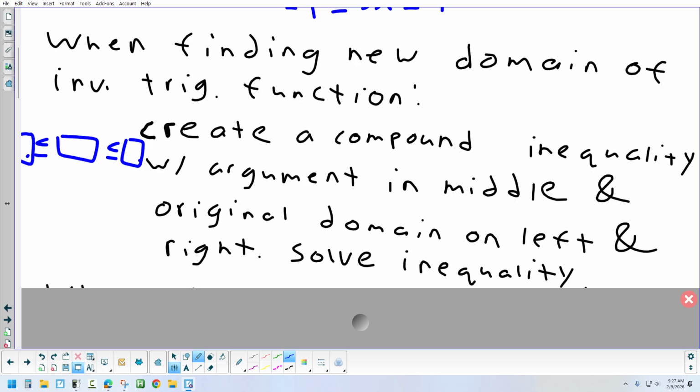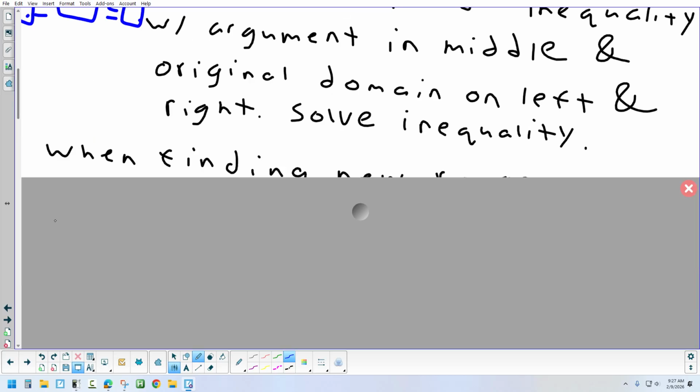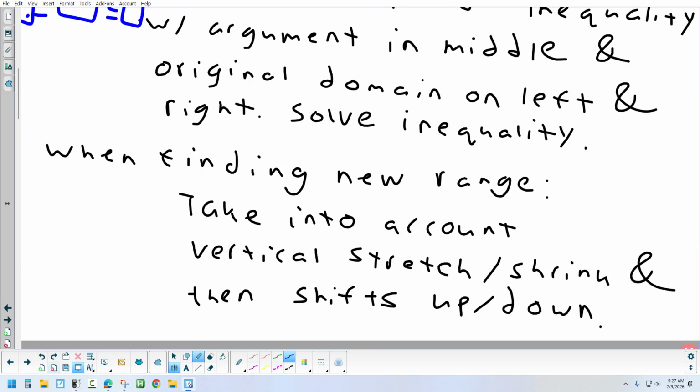Okay, now, that's how you find the new domain. Well, the new range, very similar. We just have to take into account any stretching or shrinking first. That's C. And then any shifting up or down. That's D. So we're doing it in alphabetical order.